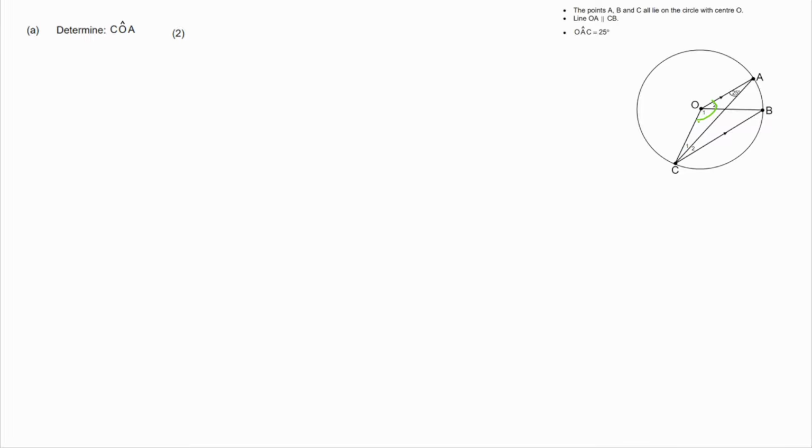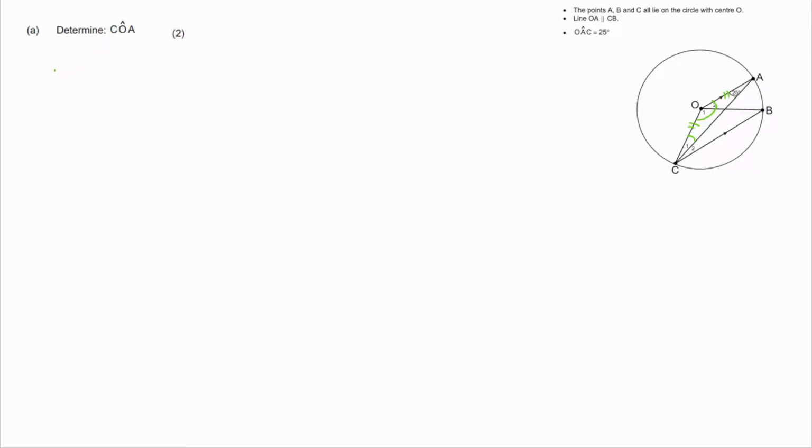Okay, so let's look in triangle COA, this triangle over here. So if we look at that triangle, we'll see that this line is equal to that one because of radii. Okay, so then that means that C1 is 25. And then we can work out COA using interior angles of a triangle.